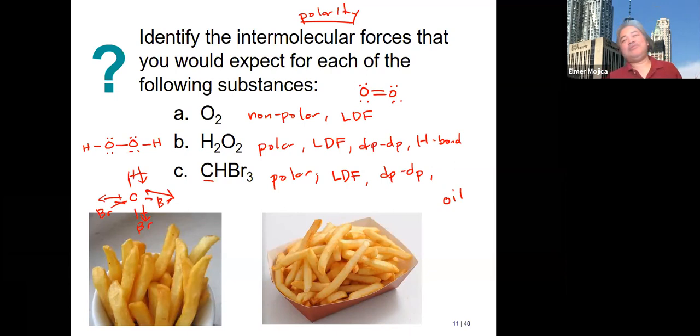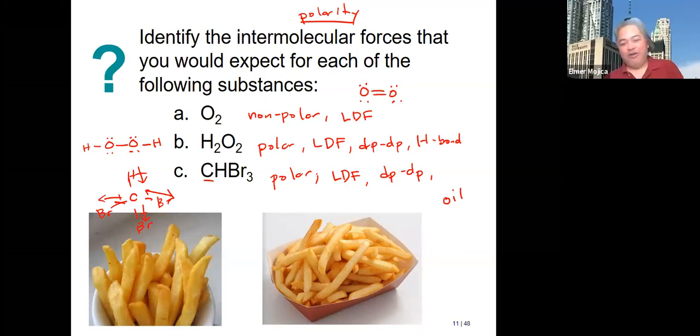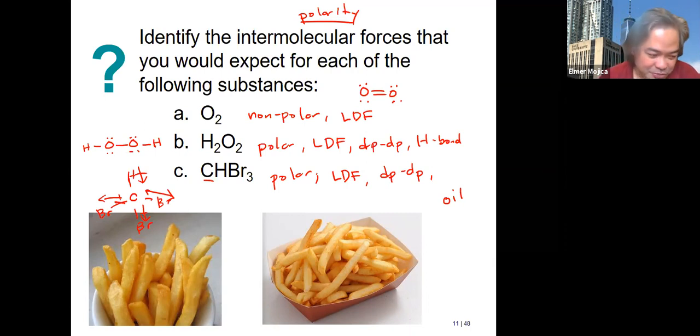Another way of knowing if a material is polar or non-polar is if it mixes with water, it's polar. If it doesn't mix with water, it's non-polar. Now, what do you have in potato that will compete with oil? Because for it to be fried, this thing should be gone. What's that material?